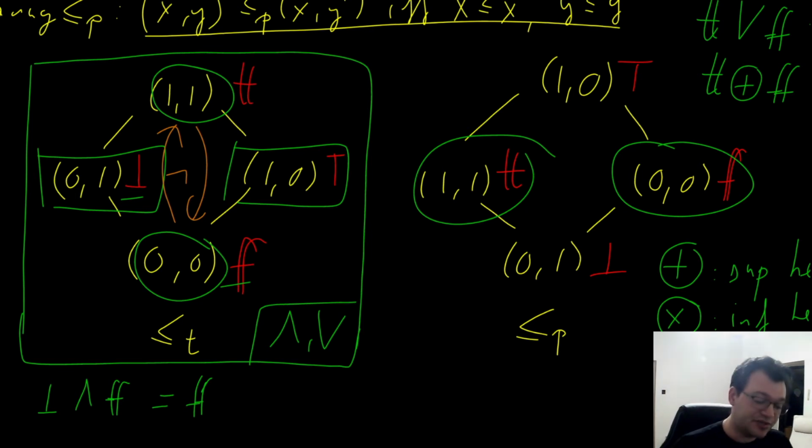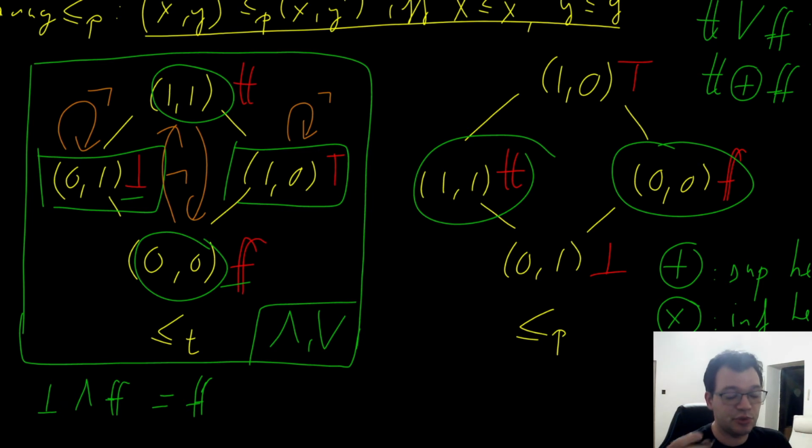So it makes sense to define the negation of the unknown value to be the unknown value as well. And if you cannot assign any Boolean value to a variable, then you cannot assign a value to the negation of the same variable. So it makes sense that negation should put the inconsistent element to itself as well.